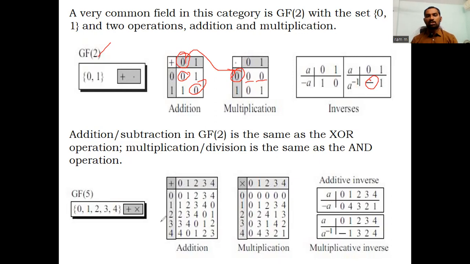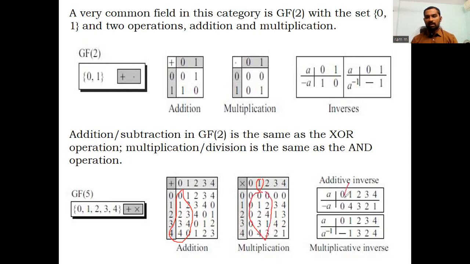This is like GF(5). If you observe, GF(5) also satisfies all the properties. The identity element for plus is 0, and when you apply it, we get all the values. The identity element for multiplication is 1, and again we get all the values.